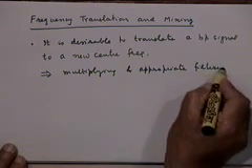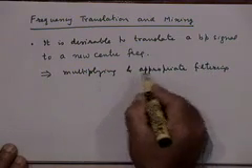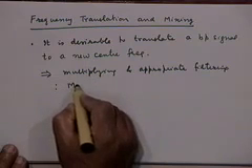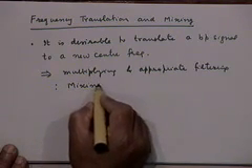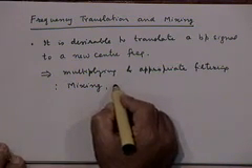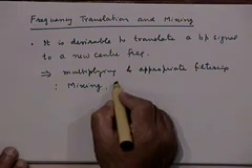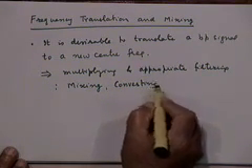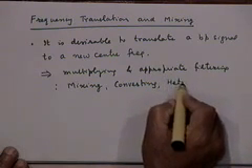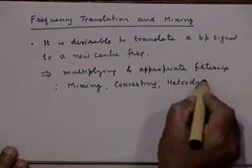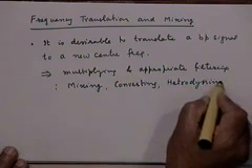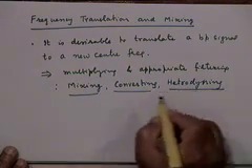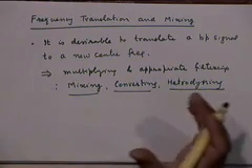This process of multiplying and appropriate filtering is what we call mixing. And if you remember, I had introduced some other names also for this: converting, and heterodyning. Mixing, converting, heterodyning are names which are used interchangeably.